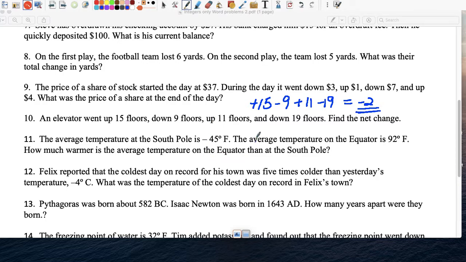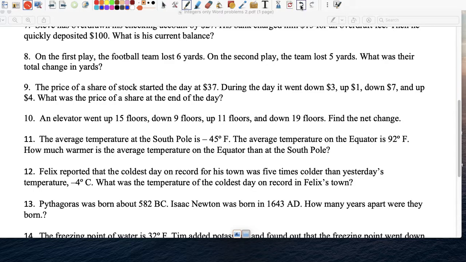And again, if you decide to write this using addition, you can say 15 plus going down 9 floors means using a negative integer, negative 9, plus 11 floors, up 11 floors, we use a positive integer, and then plus again, and in this case, down 19 floors, we use a negative integer. And you get the same answer.